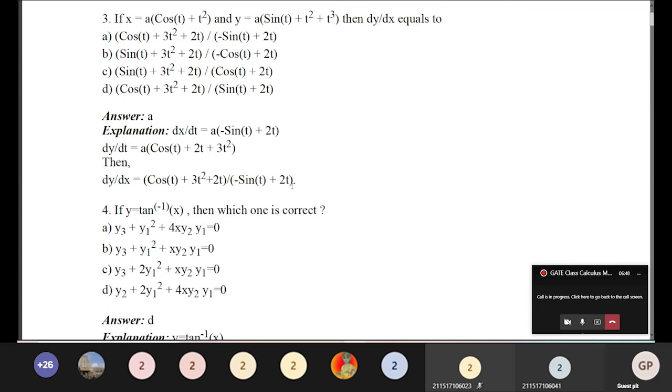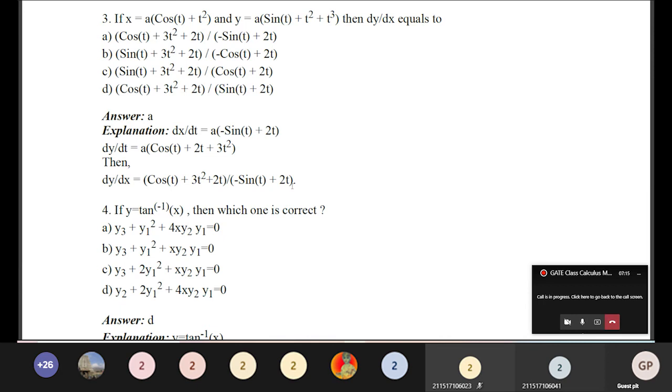Next problem: if x is equal to a into cos t plus t square and y is equal to a into sin t plus t square plus t cube, then dy by dx is equal to. Actually x and y are functions of t, so we have to use total differentiation. Here dx by dt is equal to a into minus sin t plus 2t.